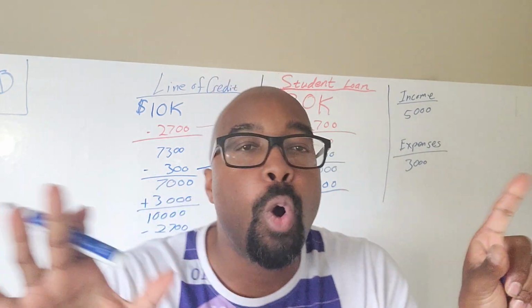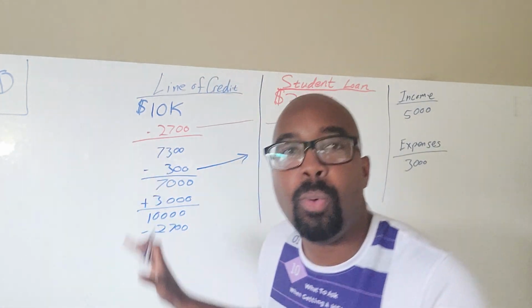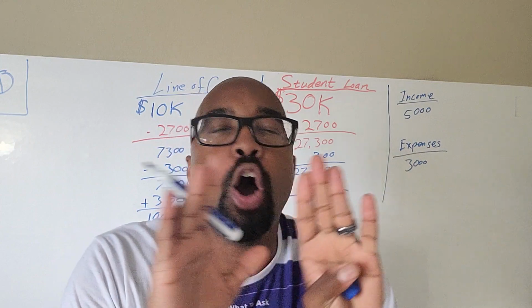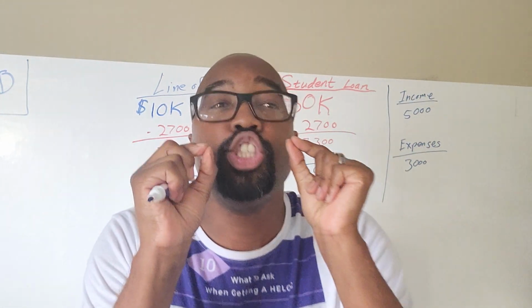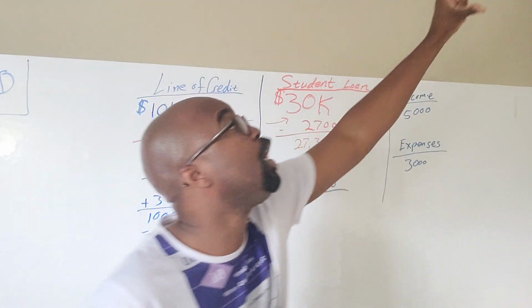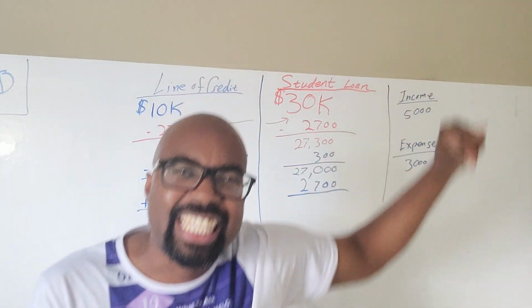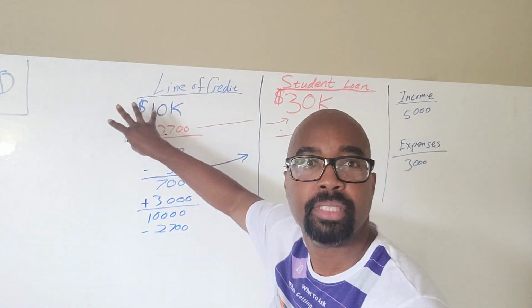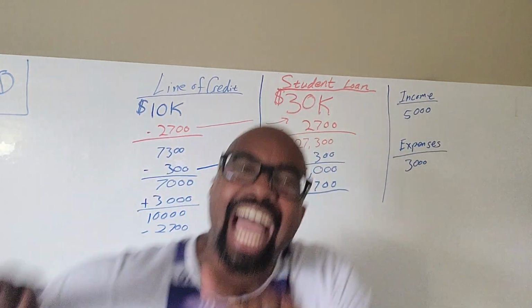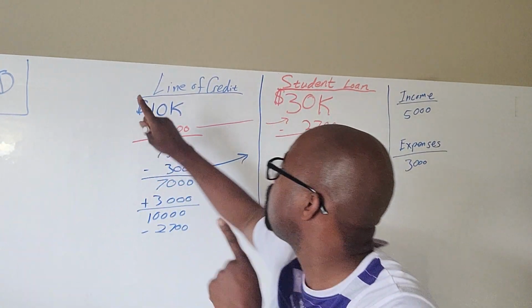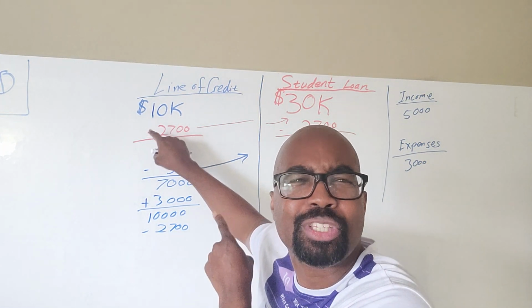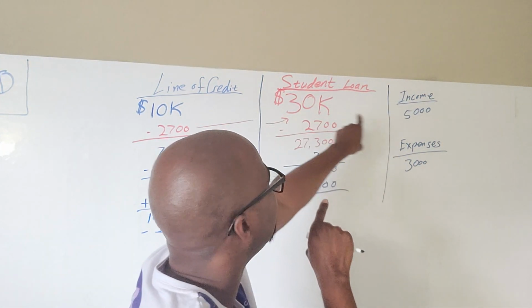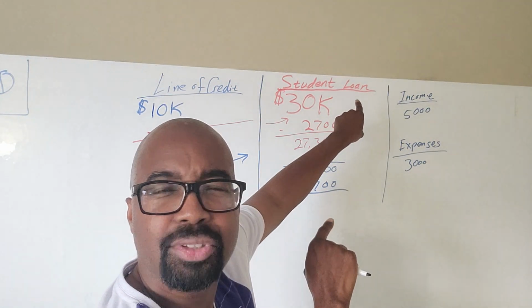Listen, I know all of this is like, what in the world? The only thing that you have to remember is turn your student loan into your line of credit. Because it's better to have $30,000 in line of credit in simple interest than to pay $30,000 to someone else.